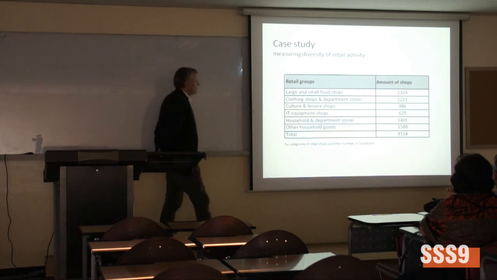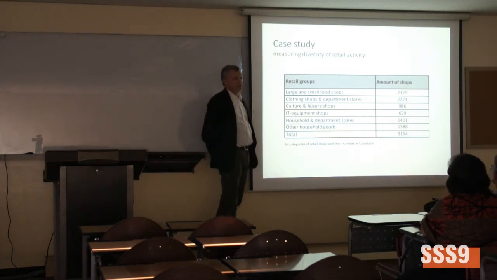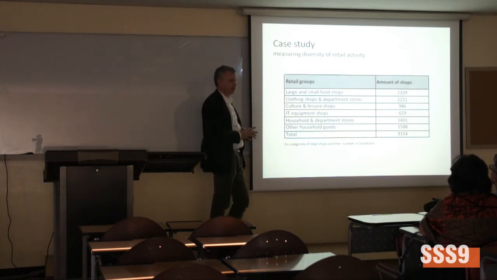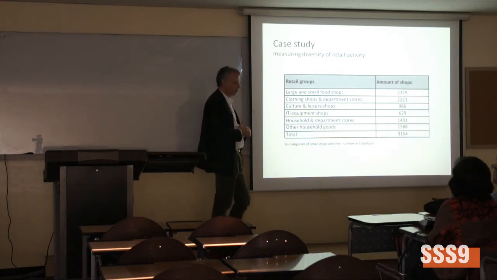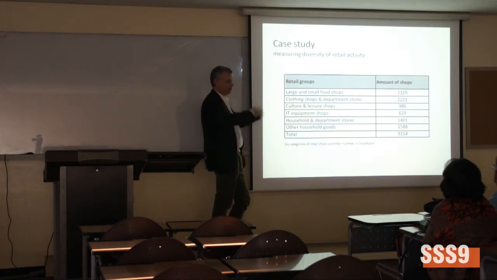And then we come to measuring diversity, which is a very, very tricky thing in itself, and probably something we need to develop much more here. But there are certain sets of typical ways of calculating that. A very common measure is the entropy measure, which is a classic measure developed by Claude Shannon.